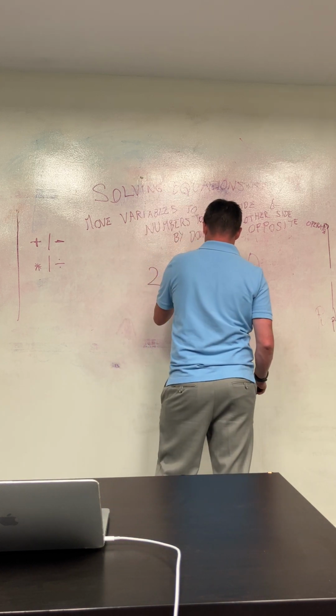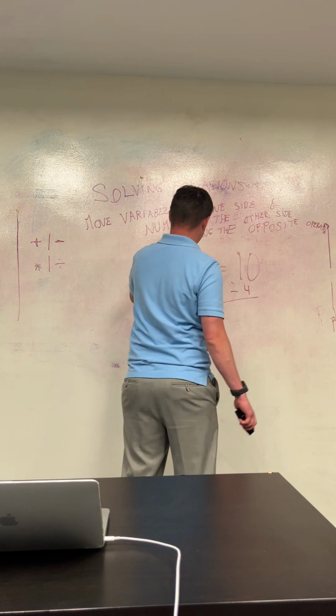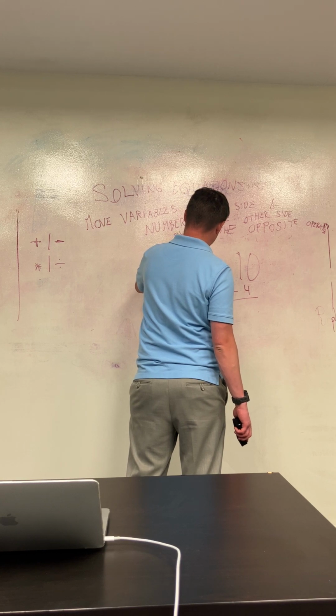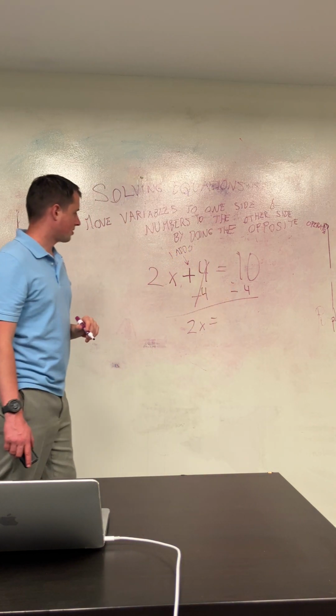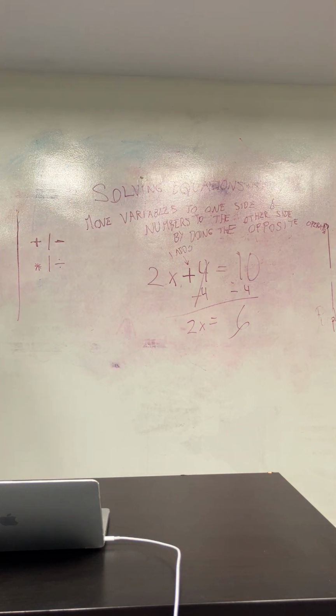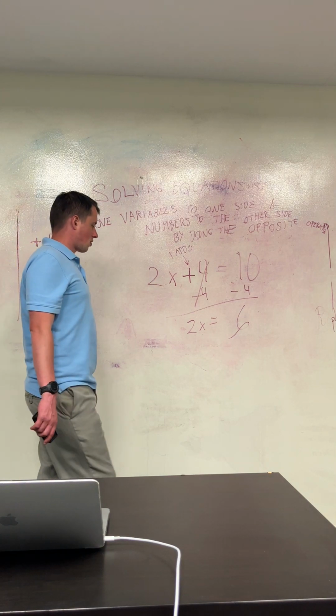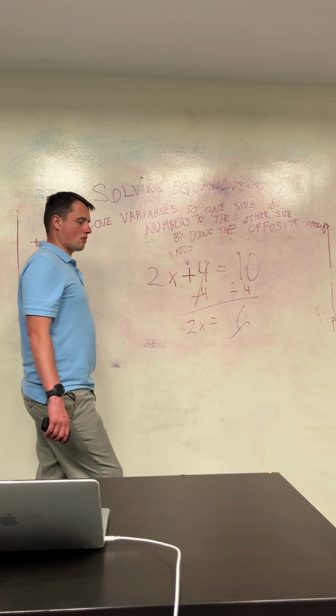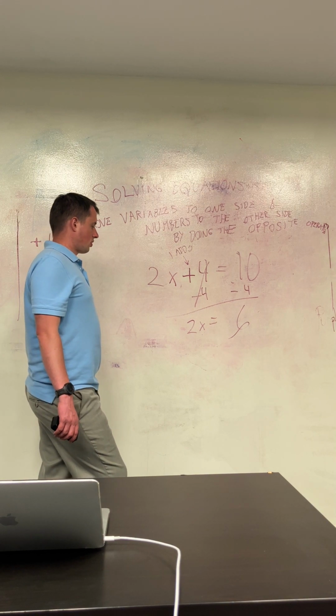So 2x equals 6. Now what can we do? Then you put them on both sides, so 6 divided by 2.